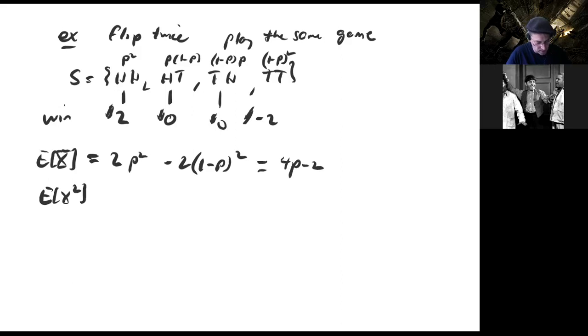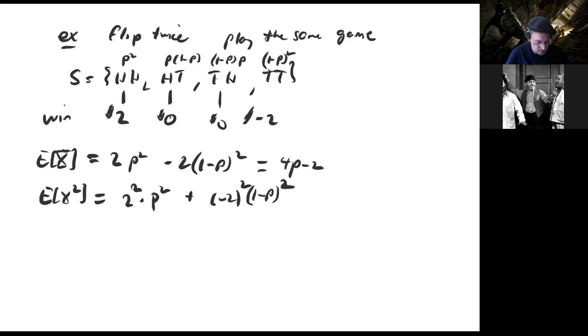What's the second moment? Well, it's given by squaring the 2 times P squared, squaring the 0 times P times 1 minus P plus squaring the 0 times 1 minus P times P, plus squaring the minus 2 times 1 minus P quantity squared. And what does that give us?